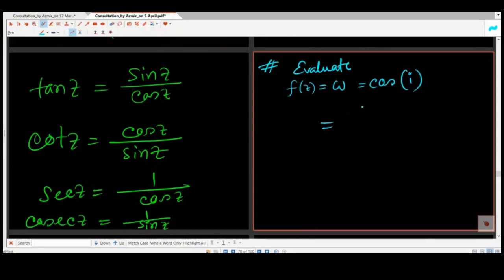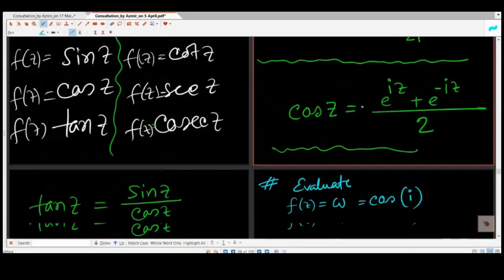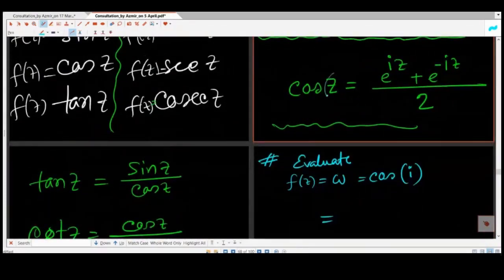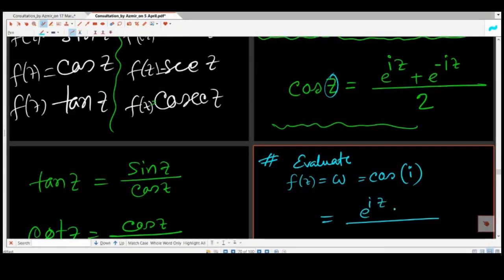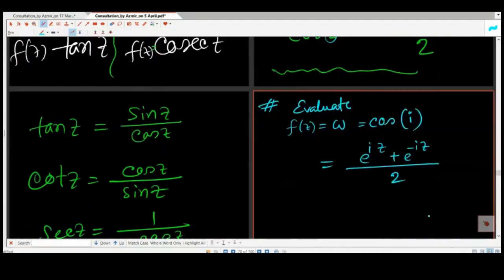So we know that cosine z equals e to the iz plus e to the minus iz over 2. That means we are going to evaluate cosine z, where z equals i.